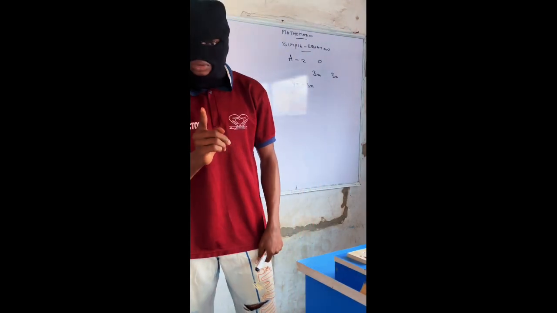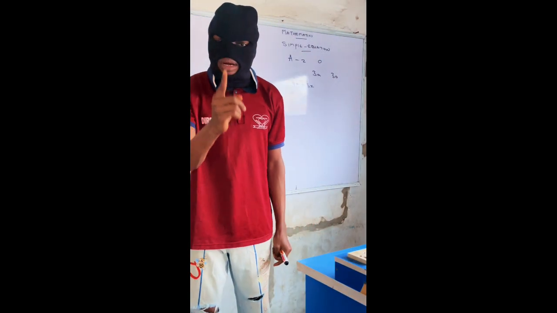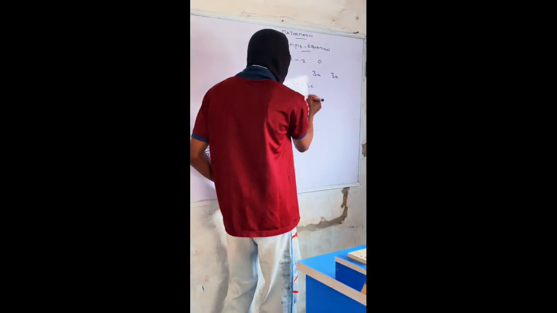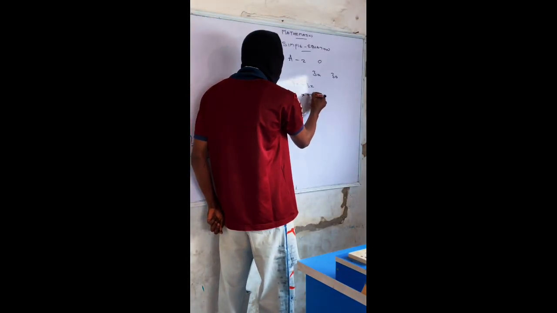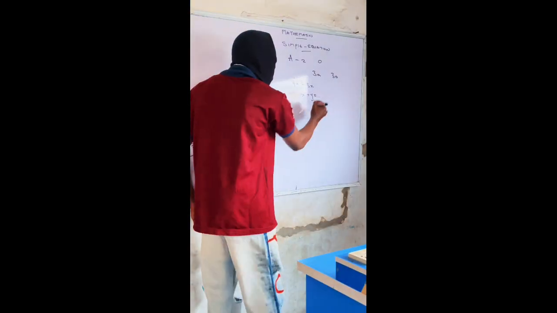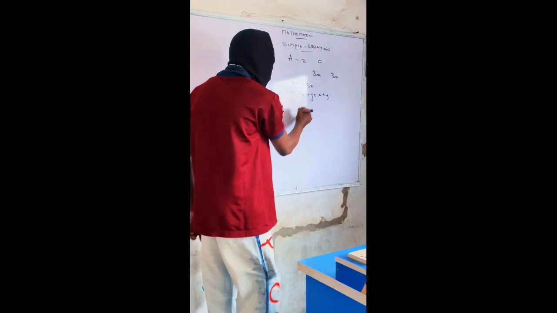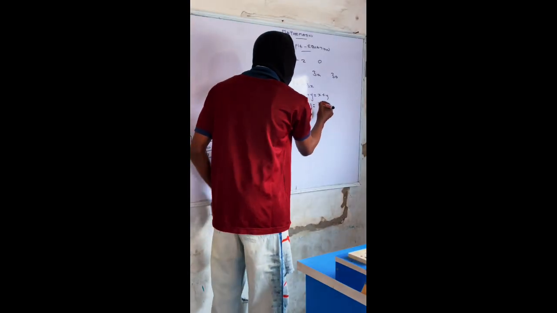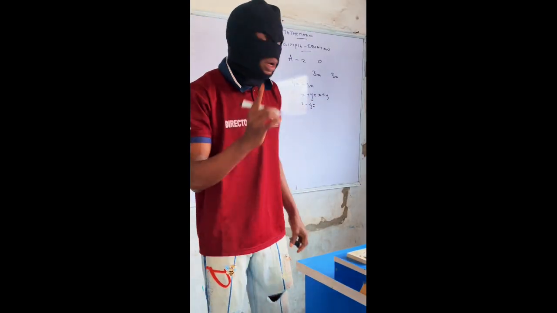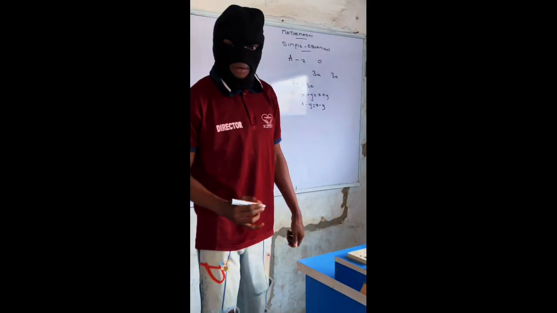It is not possible. What do I mean by that? If you have x plus y, you can't add them together. The answer will still be x plus y. If you have x minus y, you cannot subtract them. Your answer will still be x minus y.